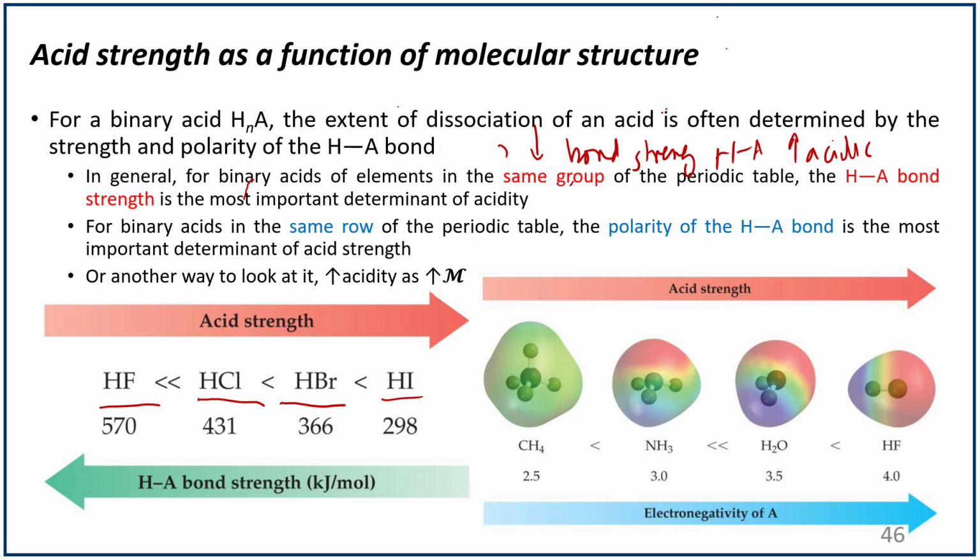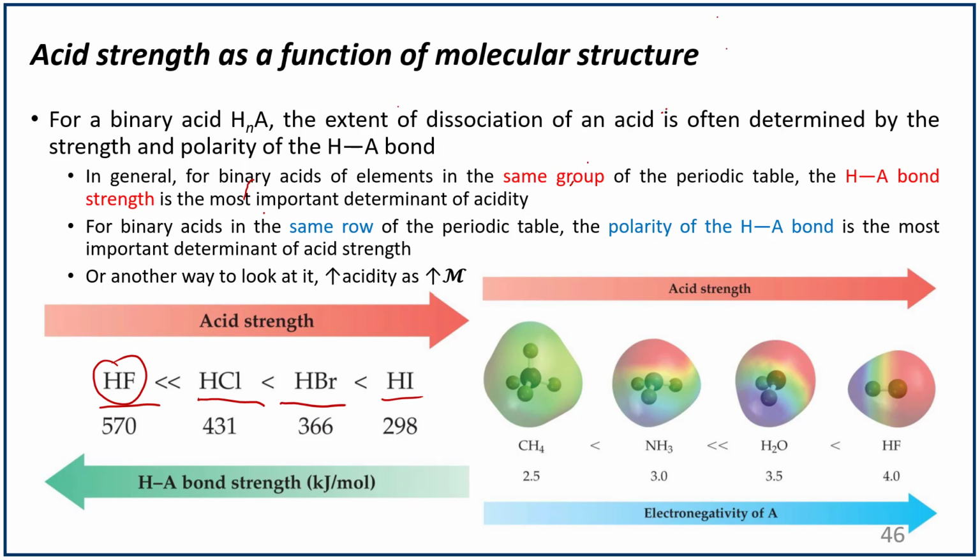Okay, so that's why, for example, among these strong acids, hydroiodic acid, between hydrochloric and hydrobromic acid, is air quote the stronger acid, just because the HI bond is weaker than the HBr bond, which is weaker than the HCl bond. And the HF bond, so hydrofluoric acid, is a very weak acid just because the HF bond is very strong.